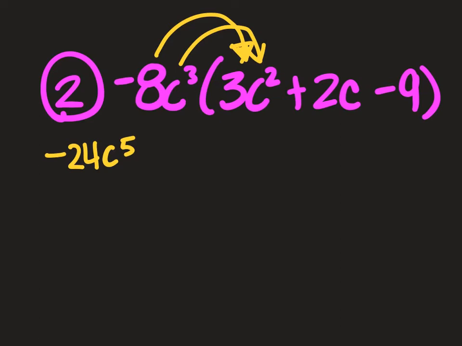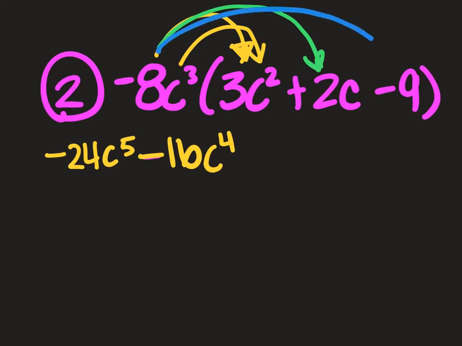And then distribute again. -8c to the 3rd times 2c gives me a negative 16c to the 4th.